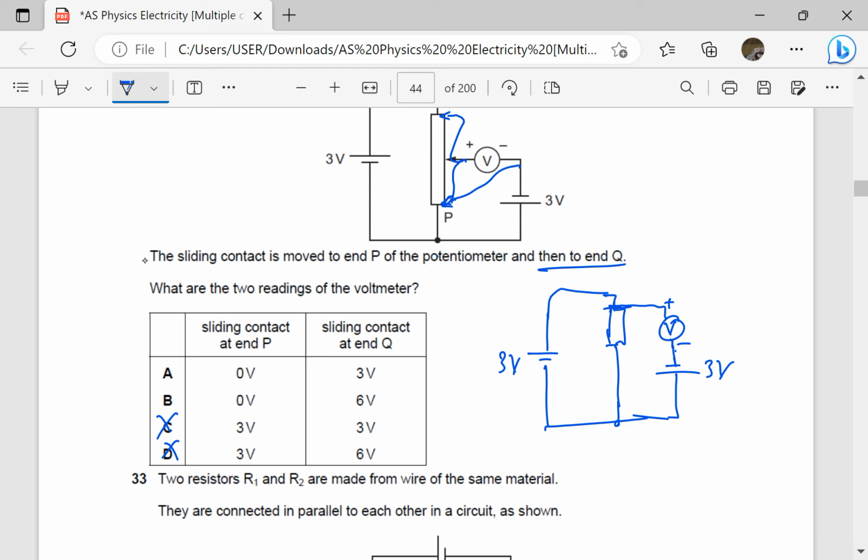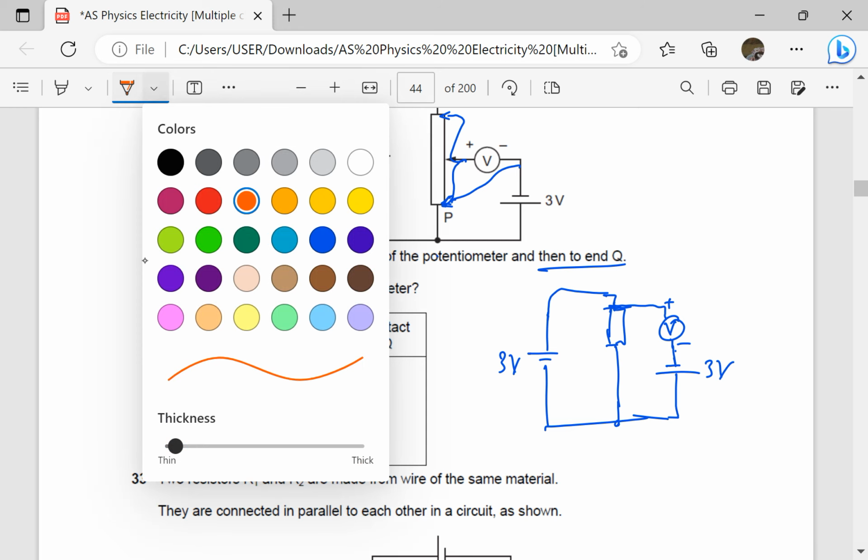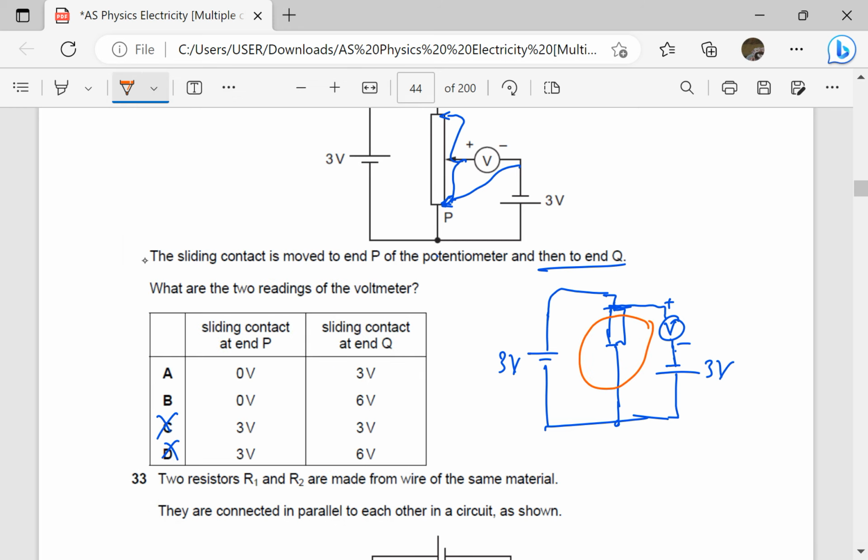So I can draw a loop. Let me make the loop to be clockwise. It means I've left out this branch here. So the reading of the voltmeter would be: sum of EMFs will be equal to the PD.